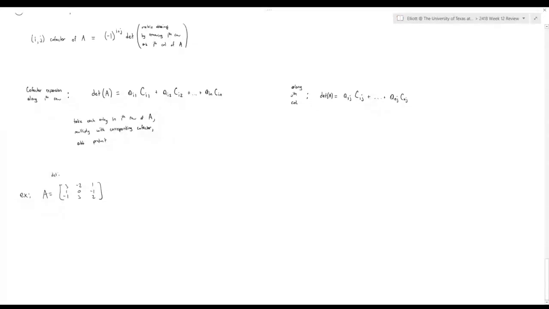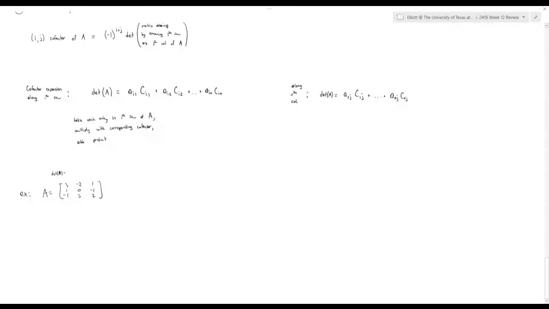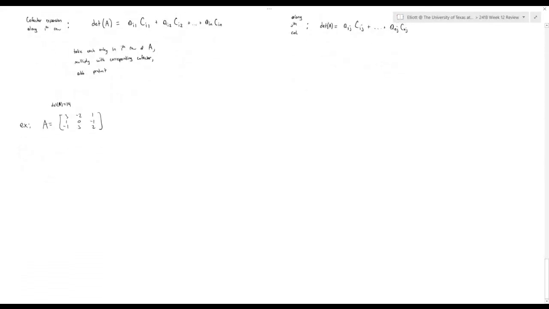So we'll make a note of that. But now I'm going to compute the determinant using this other method, cofactor expansion. We'll see how it works, and it should also give us an answer of 14, okay?